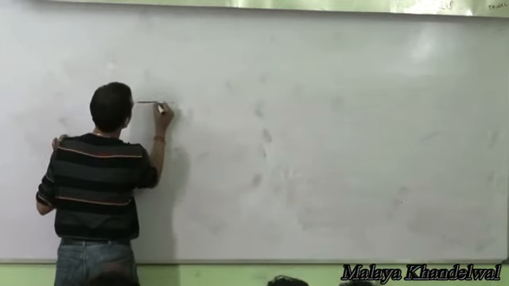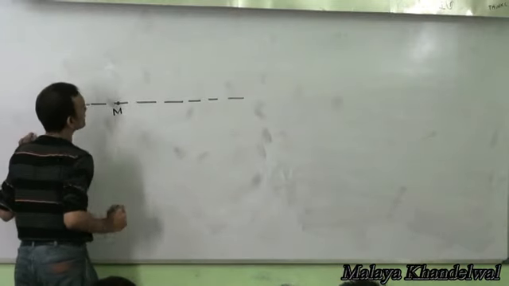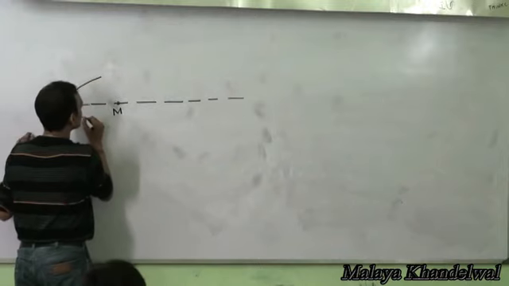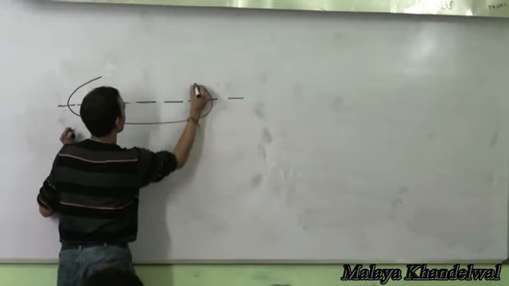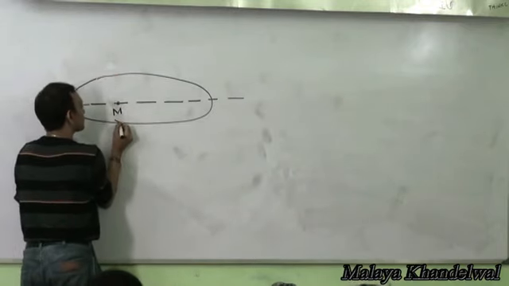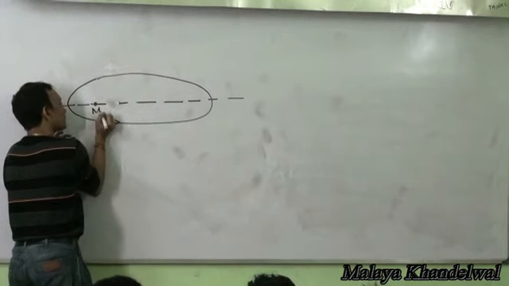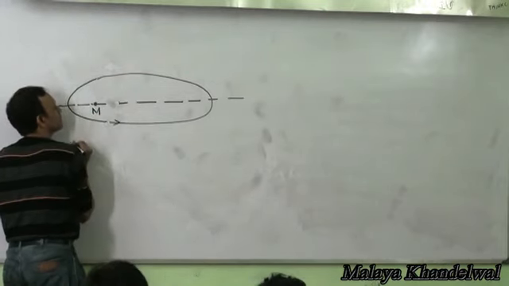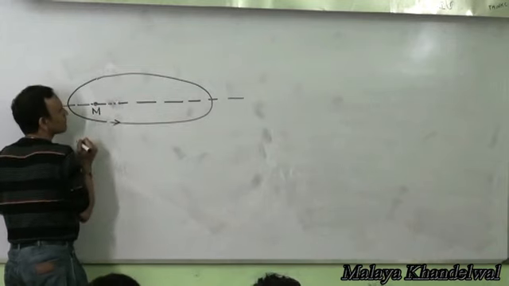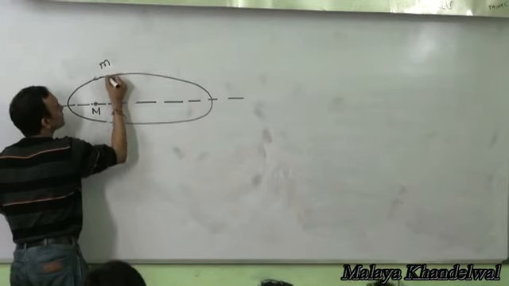And in the gravitational field produced by capital M, there was another mass, small m, executing an elliptic path with capital M as one focus.